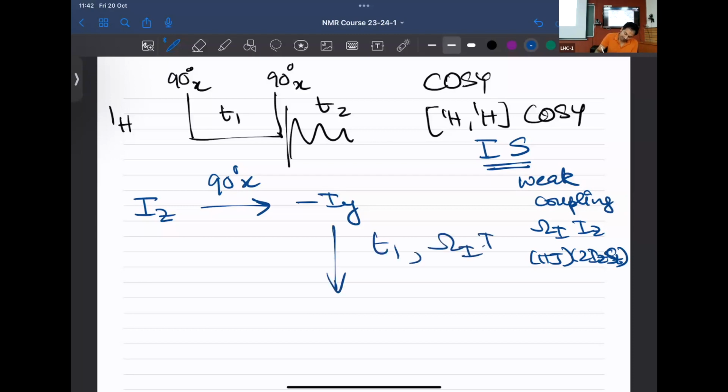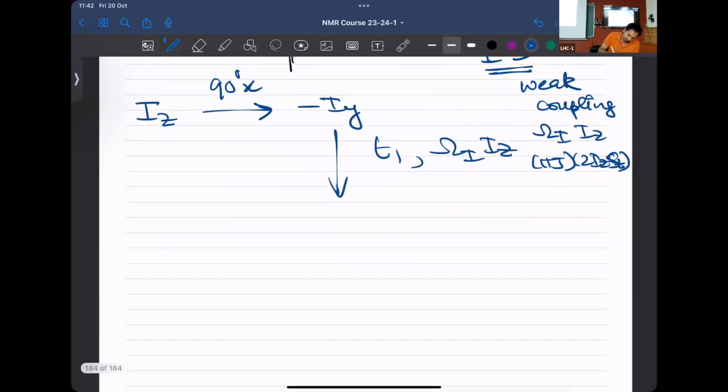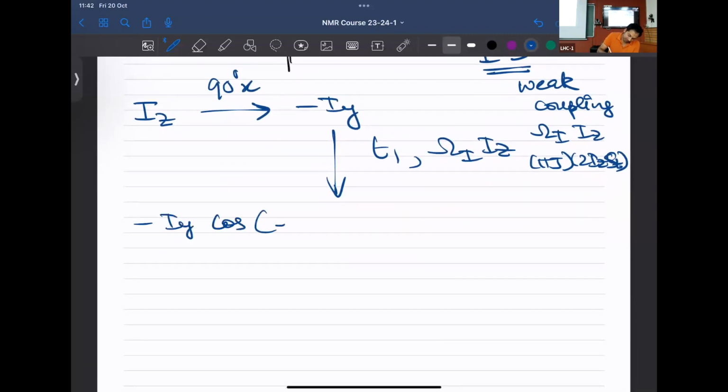With chemical shift, what are you going to get? You're going to get minus Iy cos omega I T1 plus Ix sin omega I T1.